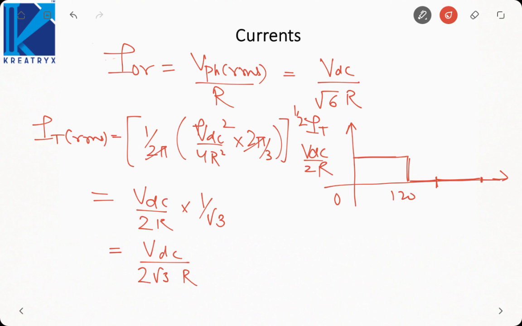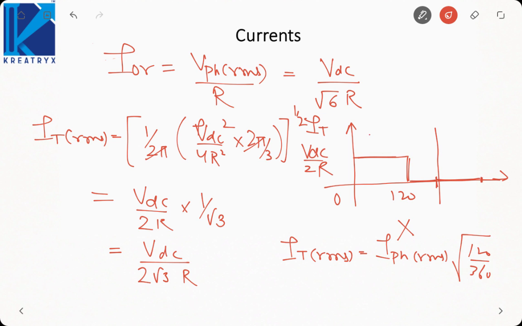Now do not directly apply something like this, that IT RMS is equal to I phase RMS into 120 by 360. Why? Then you will end up at a wrong result. Actually, this 180 degree is reserved for T1. Though it is conducting only for 120 degree, 60 degrees is kept for commutation. But actually, for the phase current, half the duration is reserved for T1 and half for T4.